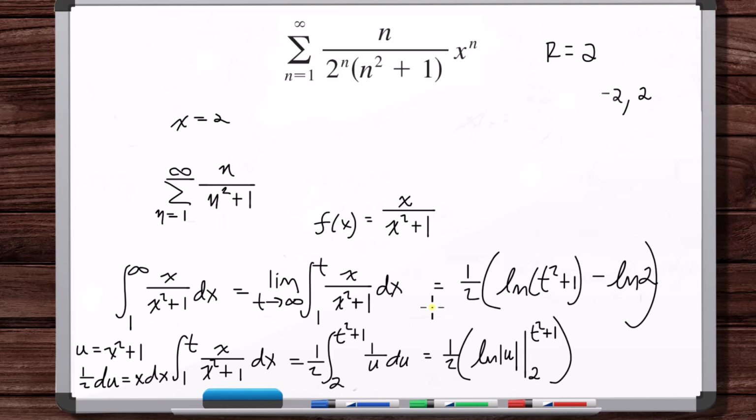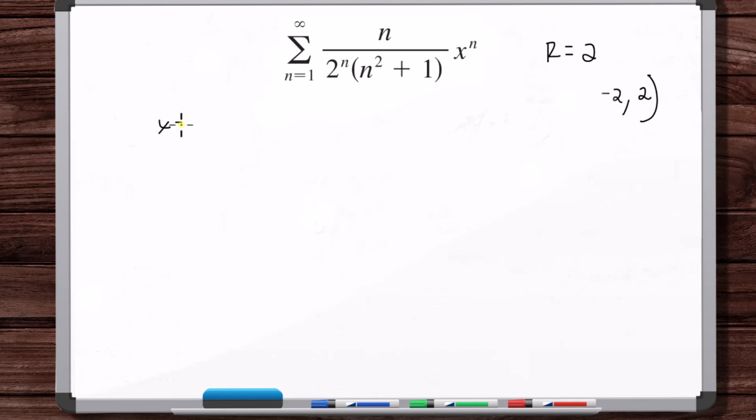Okay, and so there's the integral, and so if we put that in here, we've got the limit as t approaches infinity of this. This is going to be infinity, divergent. So you can't use 2.